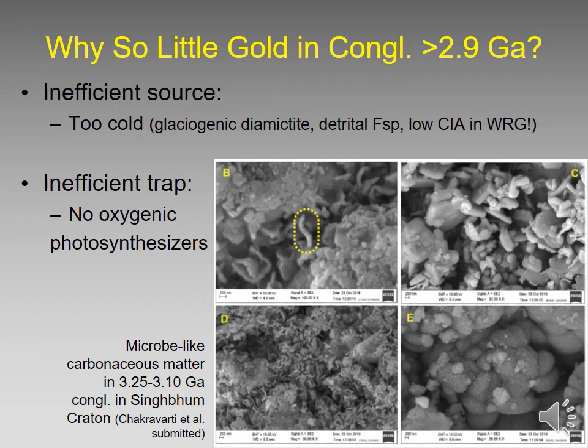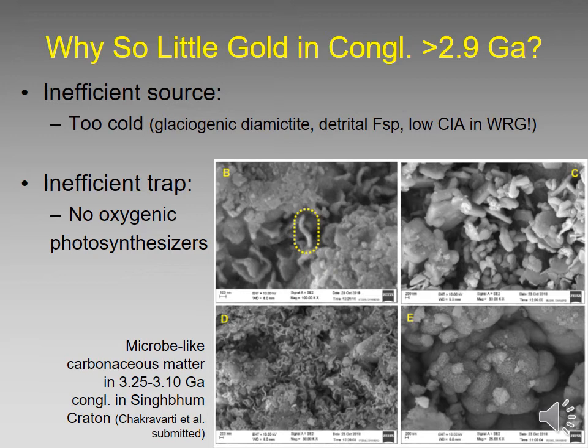Maybe there was another problem, and that is that we didn't have good traps. In other words, we didn't have these microbial mats in those days. At least there is no evidence preserved from the West Rand group of carbon seams, to my knowledge.